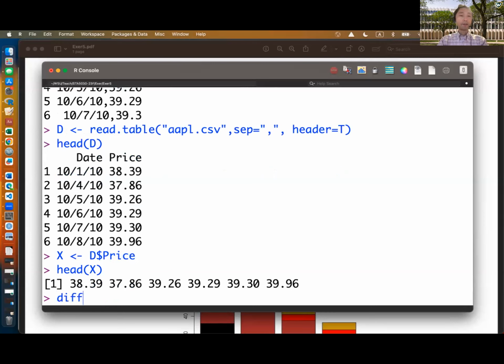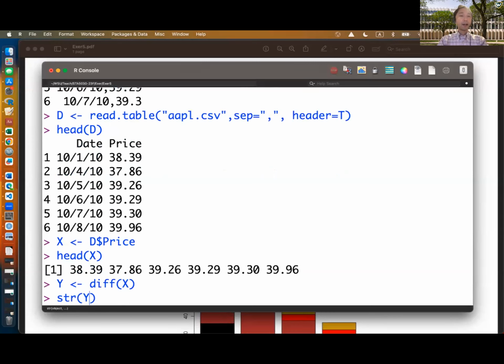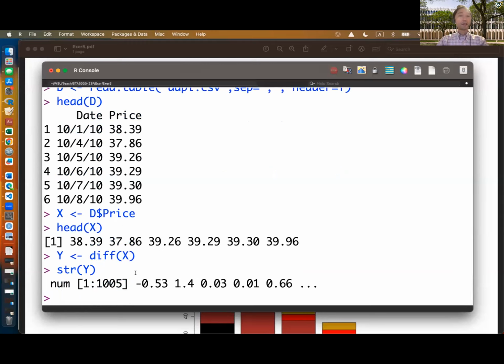Then we take the difference of X, so that this is Y. Sorry, X includes 1006 observations, so we have 1005 differences. So we have to define Y as log of X_t minus log of X_(t-1).